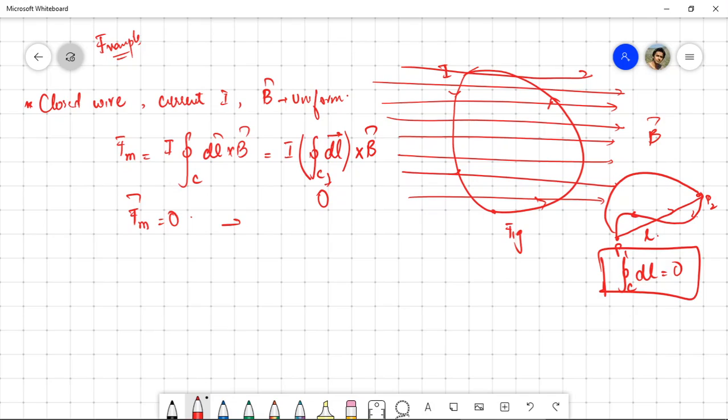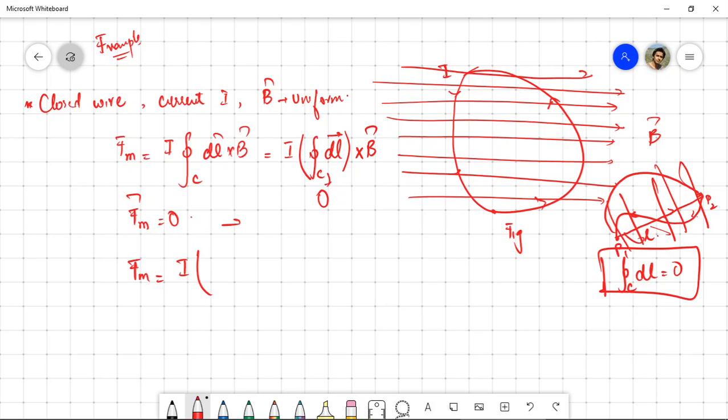There is another part in which he says that the current is in a curved wire, and it is also under the influence of a uniform magnetic field. This was the example. So he's asking us to calculate the value of Fm for this.